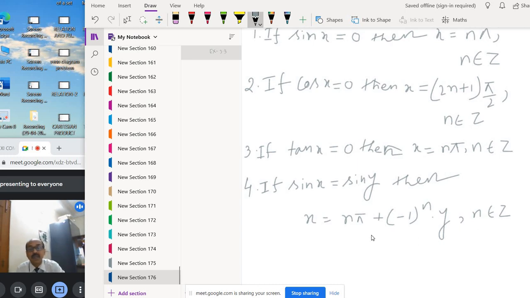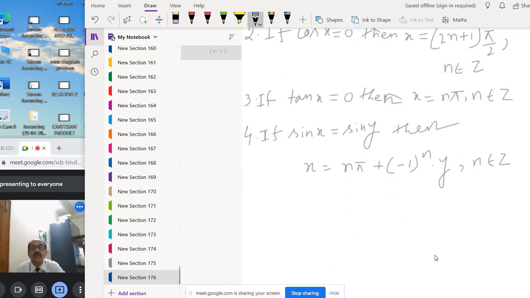So if sin x equal to sin y, then x equal to n pi plus minus 1 to the power n into y.